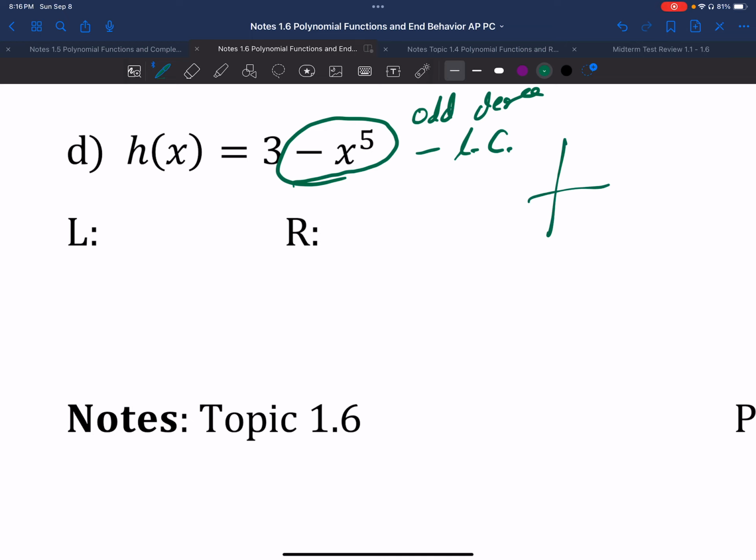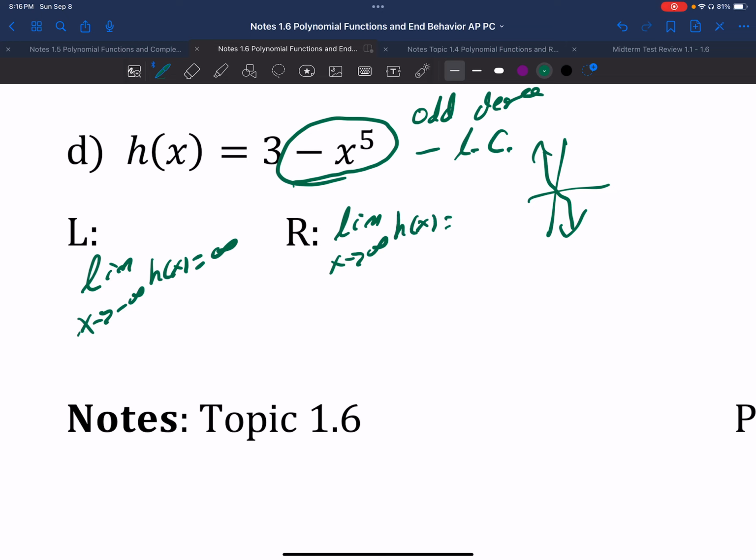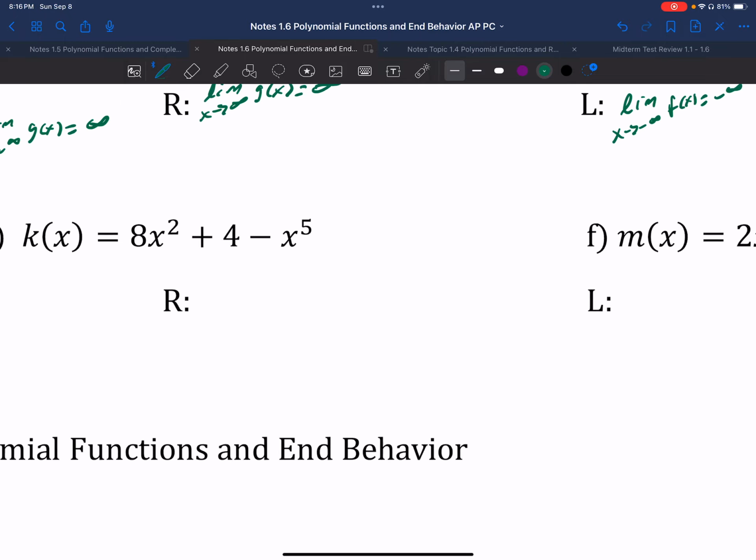So again, this is going to look like negative x cubed. So the limit as x approaches negative infinity for h of x is going to be positive infinity. And then for the right side, the limit as x approaches positive infinity for h of x is going to be negative infinity.